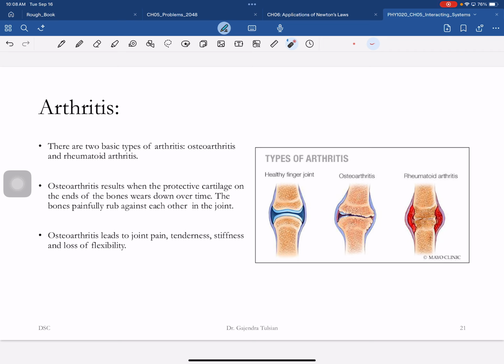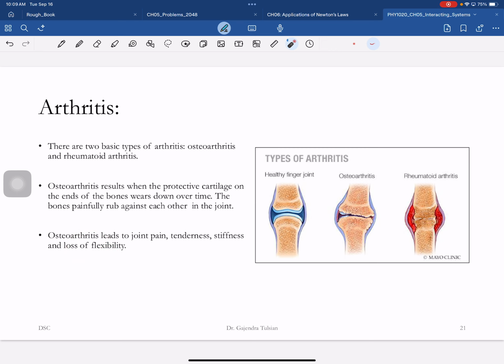But for some reason, if the cartilage wears away, then when the bone rubs against bone, that can be painful. And this is when you need replacement surgery. So osteoarthritis results when the protective cartilage on the ends of the bone wears down over time. And that's painful. Osteoarthritis leads to joint pain, tenderness, stiffness, and loss of flexibility.